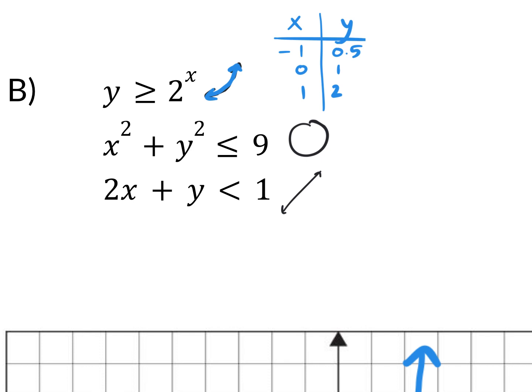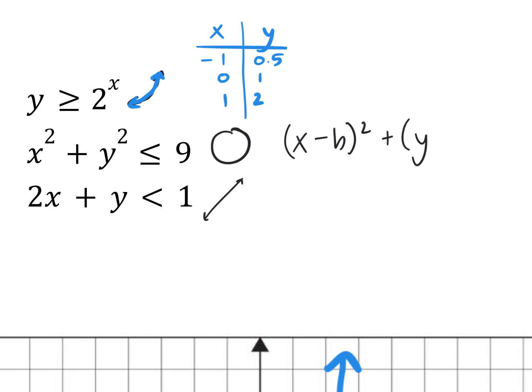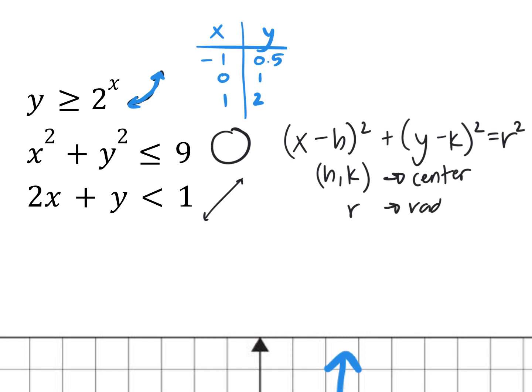Okay, our circle, the general form is x minus h squared plus y minus k squared is equal to r squared. That's your general form of a circle, where h comma k is your vertex, or actually not your vertex, it's your center, and r is your radius.